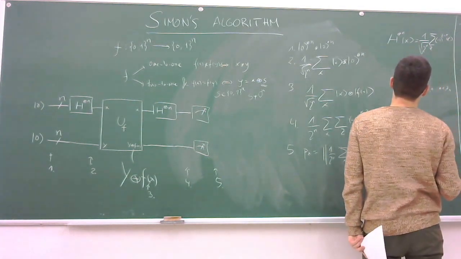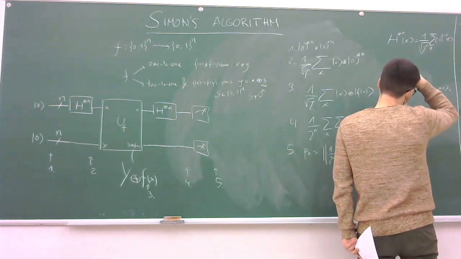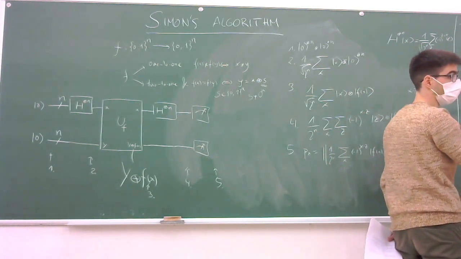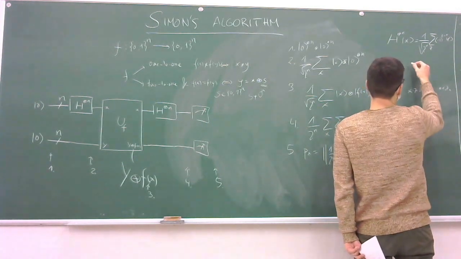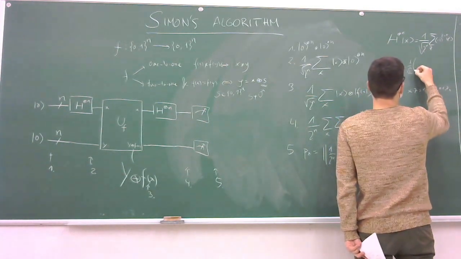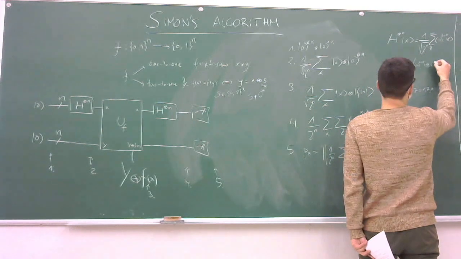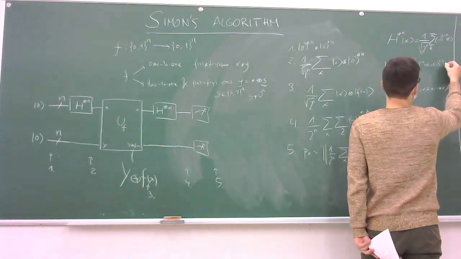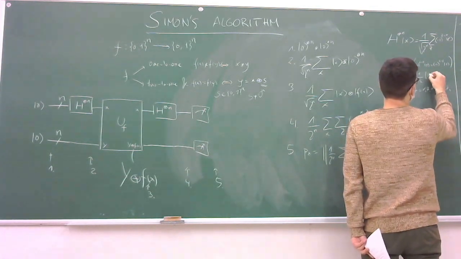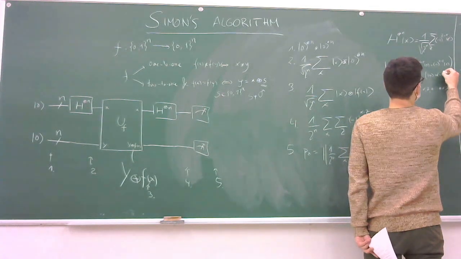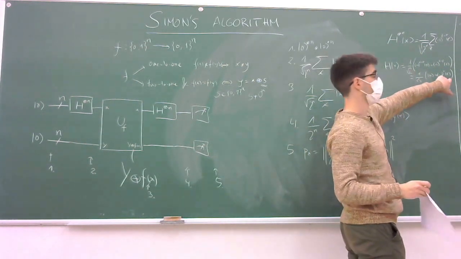And this comes because if x is either 1 or 0, so in a single dimension, it's easy to see that what you get is minus 1 to the x times 0, |0> plus minus 1 to the x times 1, |1>, which is |0> plus minus 1 to the x |1>. That is, if x is 0, you get the sum of both of them.